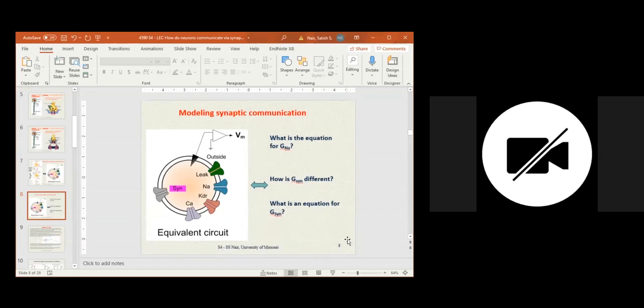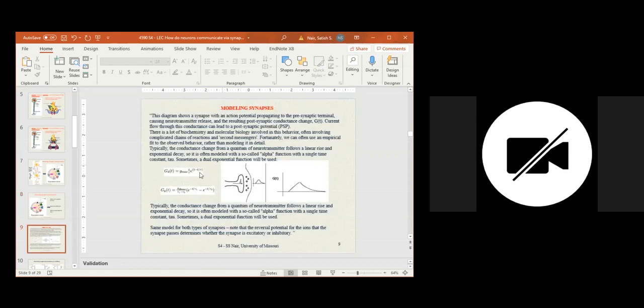The specific equation you don't need to know, but it's good if you do. So if you want the specific equation, G max is the G bar, and you can write it as t over tau, e to the power 1 minus t over tau. Remember, it has to open and then close. This is G bar or G syn.